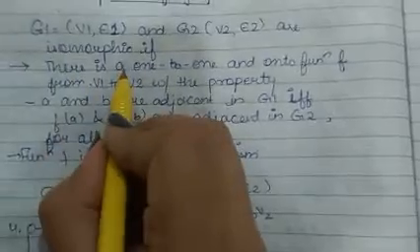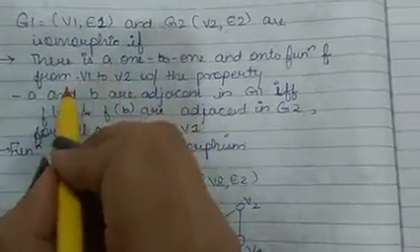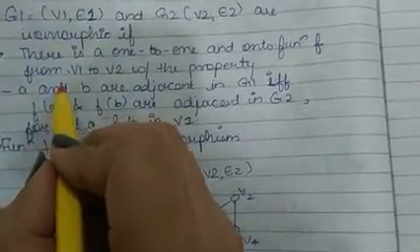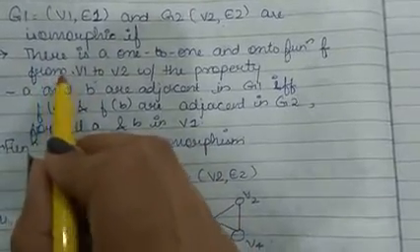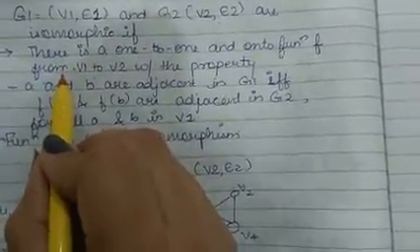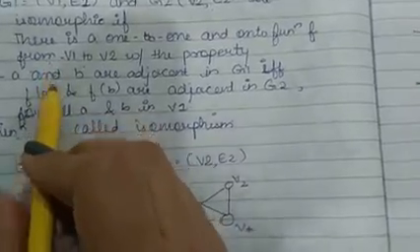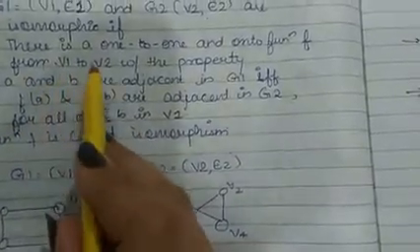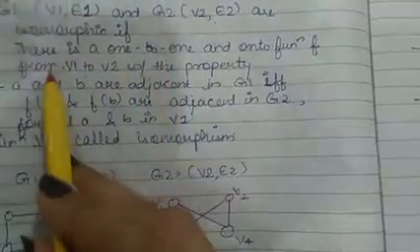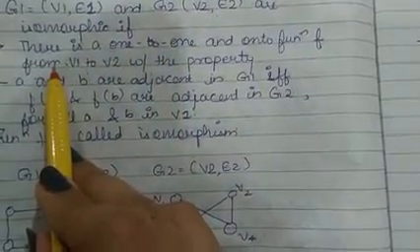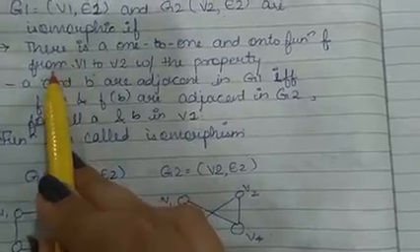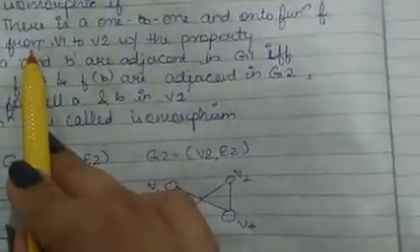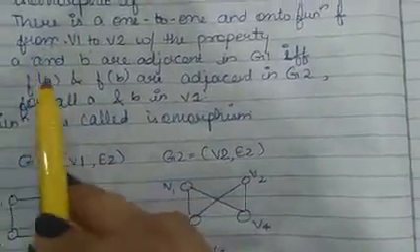relation. We have already deeply studied one to one and onto functions from V1 to V2. Also we have studied onto functions in very detail. So you know about one to one and onto functions. If there is a one to one and onto function present between these two vertex sets, then we can say that these two are isomorphic to each other.